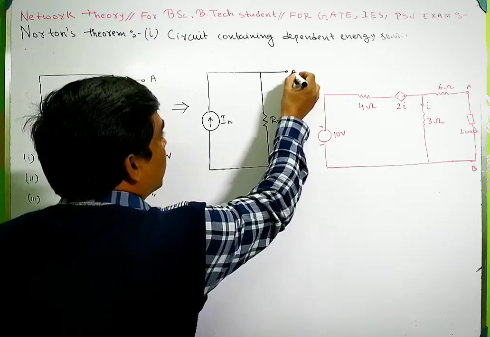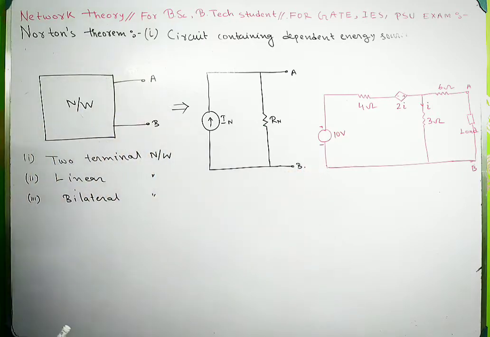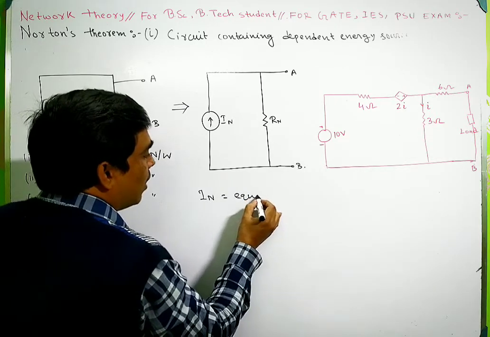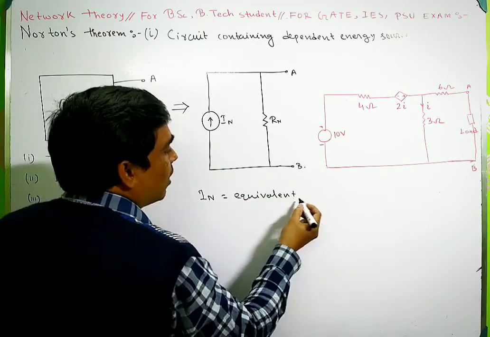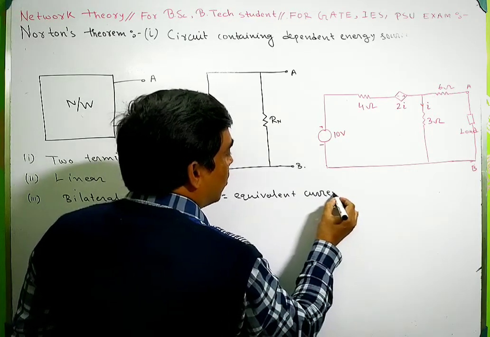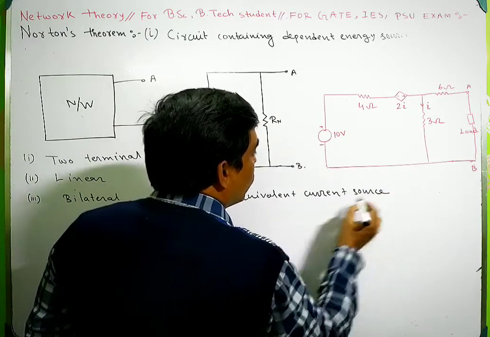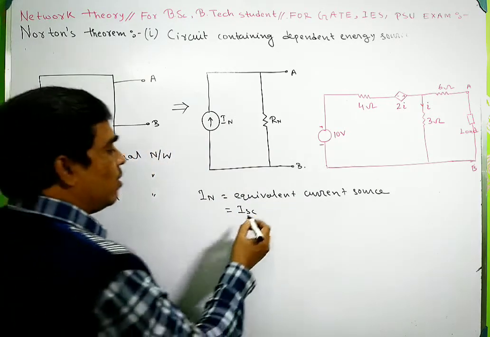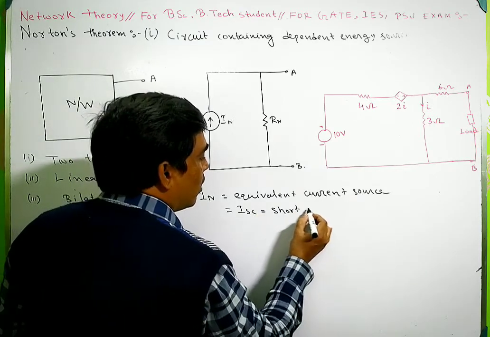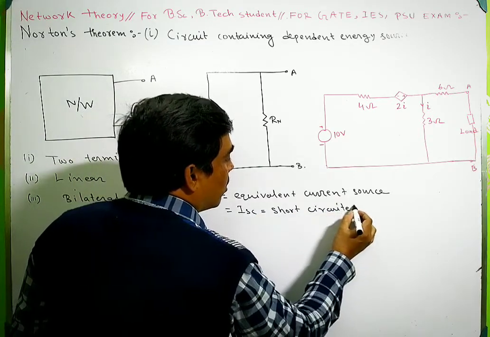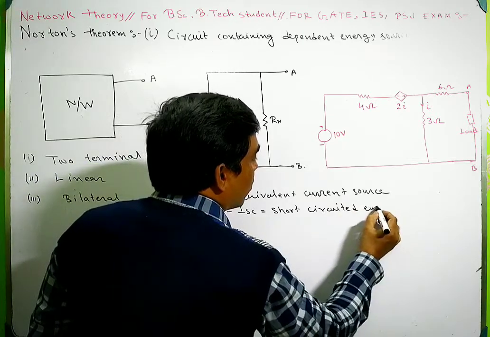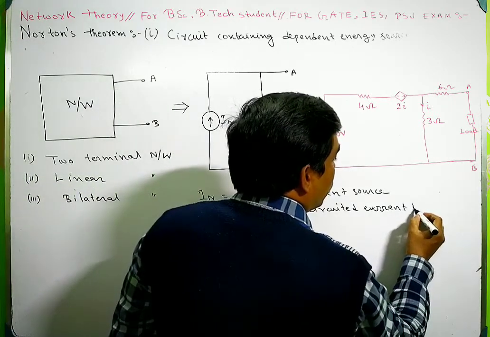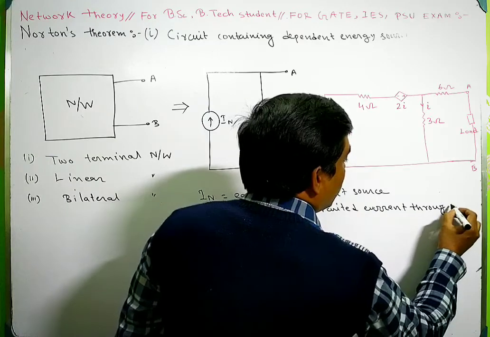This is the terminal A and B, where In equals the equivalent current source. It can be written as the short circuited current through the given terminal.